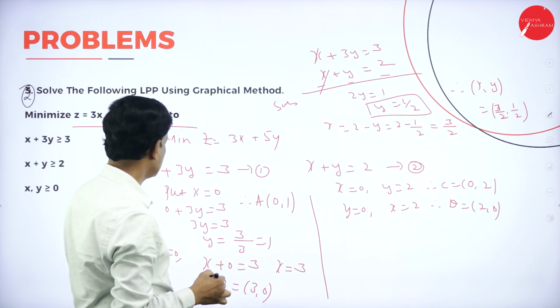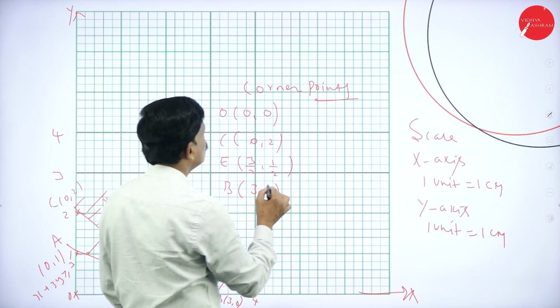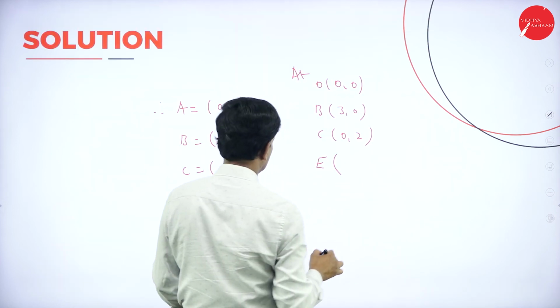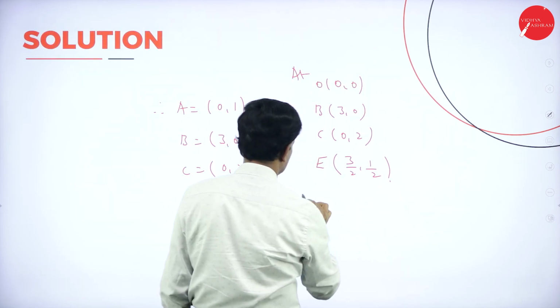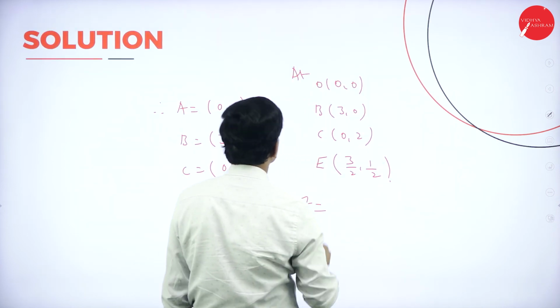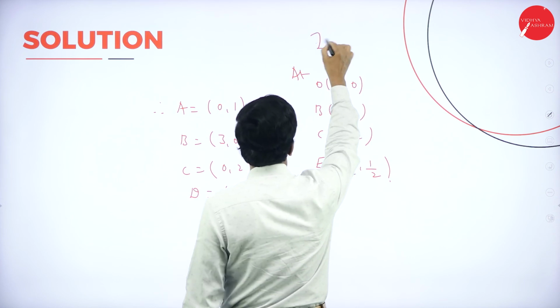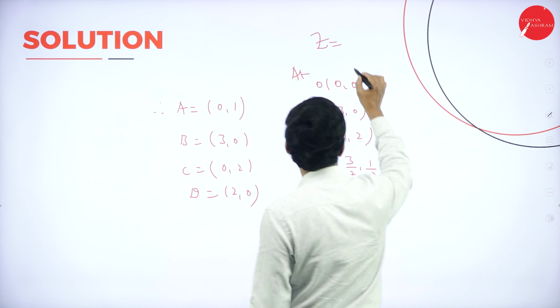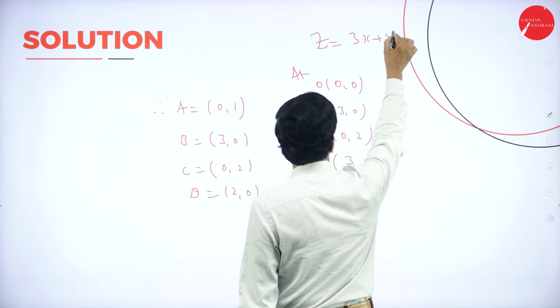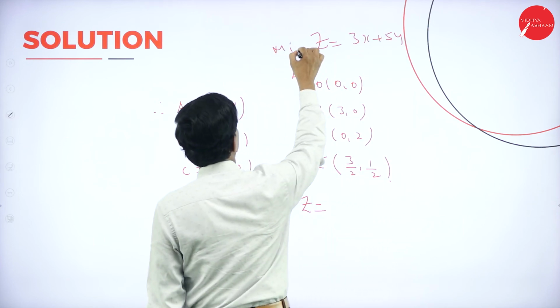Then C, 0 comma 2, and E. What is E? E is 3 by 2, 1 by 2. What is Z given? Z is equal to minimum of 3x plus 5y. This is the objective function.